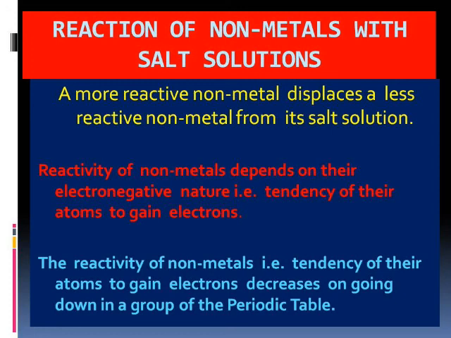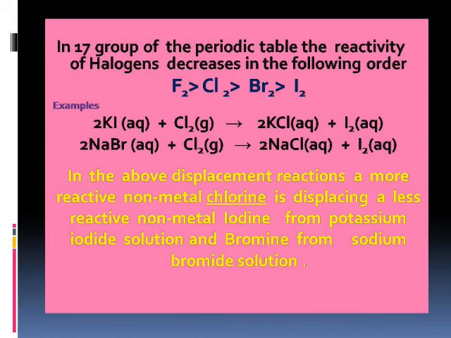For example, in group 17 of the periodic table, out of the 4 common halogens, that is fluorine, chlorine, bromine and iodine, fluorine is the most reactive, whereas iodine is the least reactive. Now see some examples of reactions. When chlorine gas is passed through a solution of potassium iodide, then potassium chloride and iodine are formed.